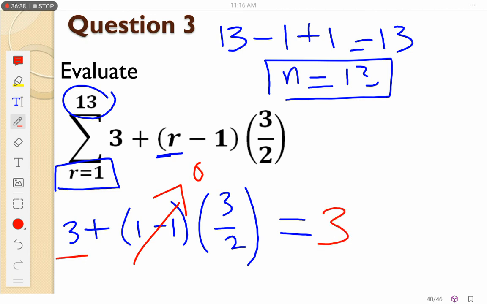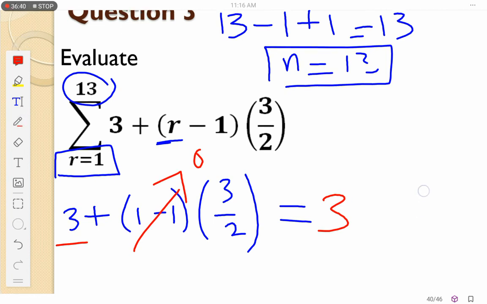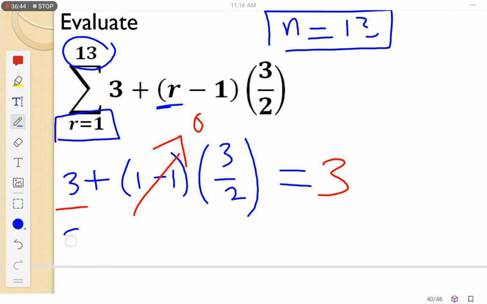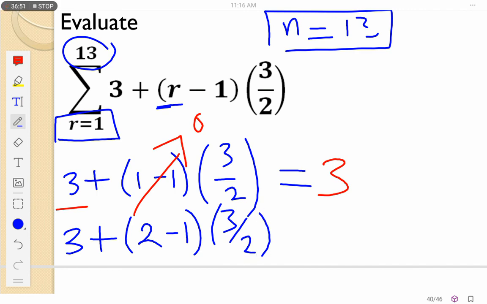So the first term is 3. We do the same for the second one. The second one, I'll have 3 plus a 2 minus 1 and 3 over 2. This one becomes a 1. So I've got 3 plus 3 over 2. I will get 9 over 2.